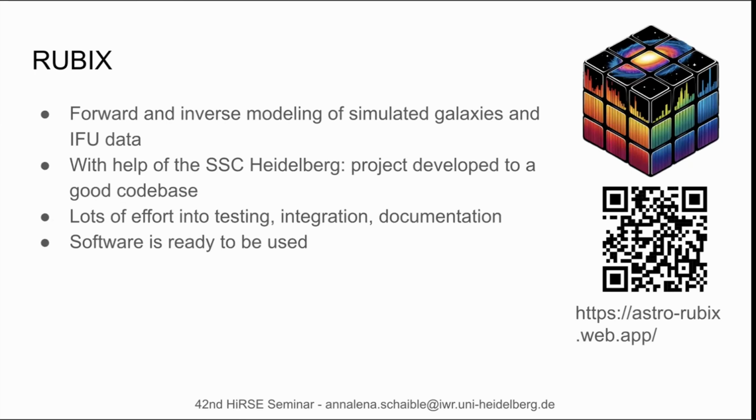We really hope that with the code consulting and help, we developed a good code base. We therefore spent a lot of time on testing, integration and documentation, and so the software is ready to be used. If you want to use it or have questions, you can also just contact me.